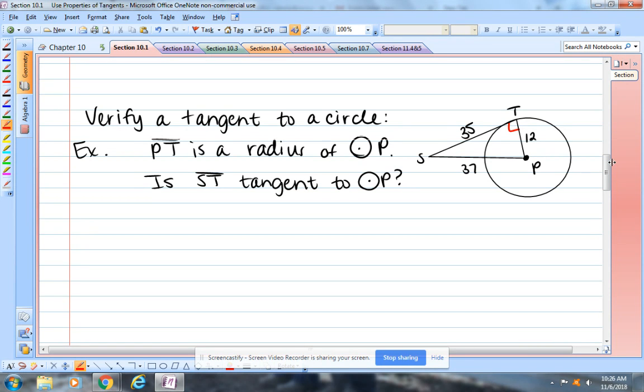The theorem we just saw said, if something is a tangent, then it's perpendicular to a radius and vice versa, right? So I have to prove that this is a right angle. How do you think I can prove that that is a right angle?